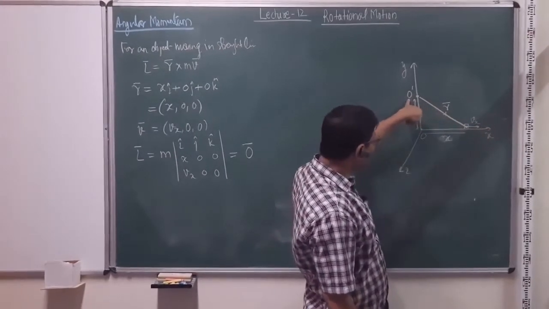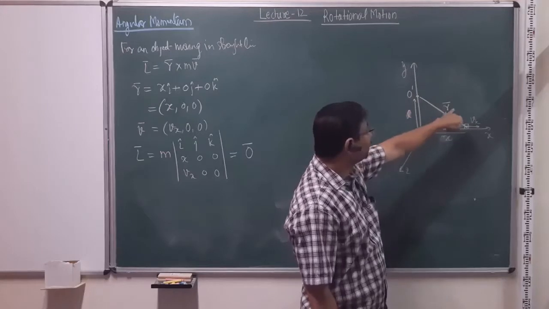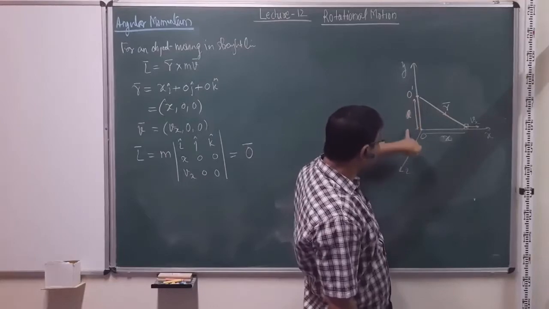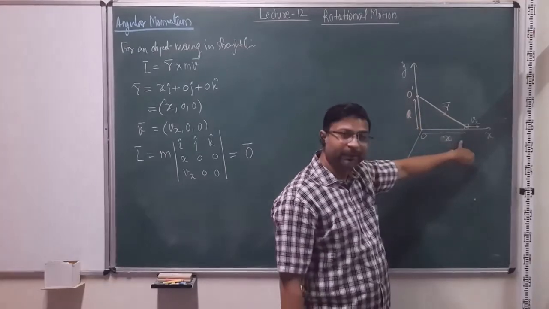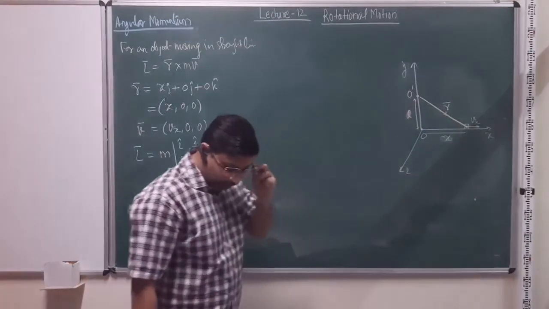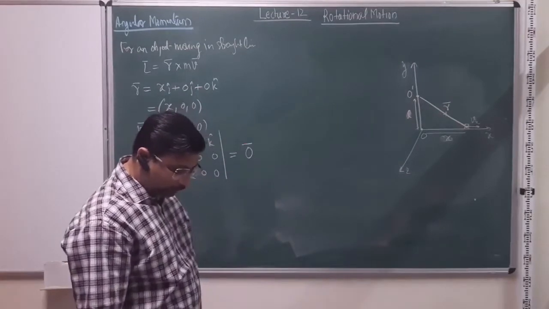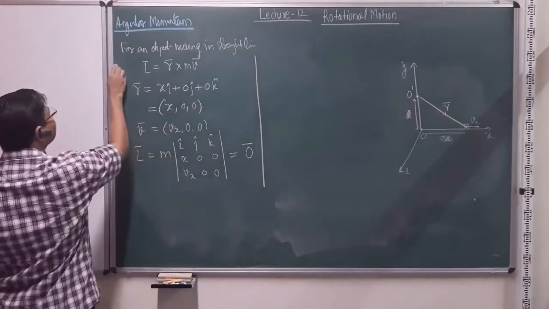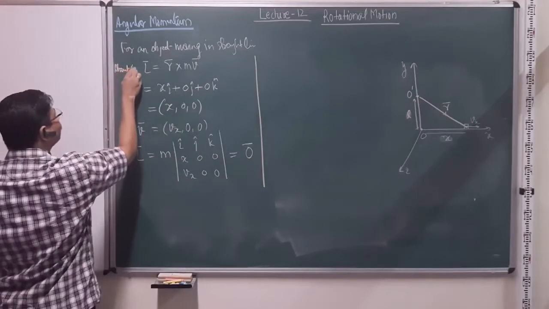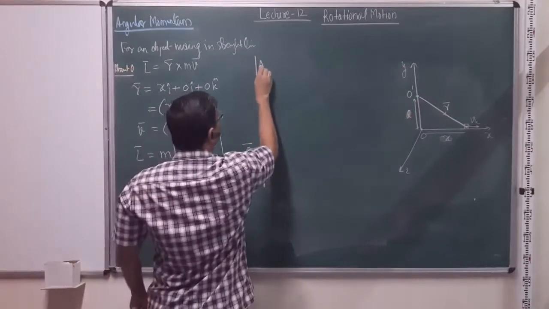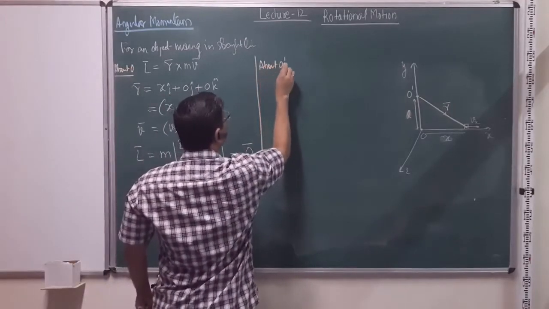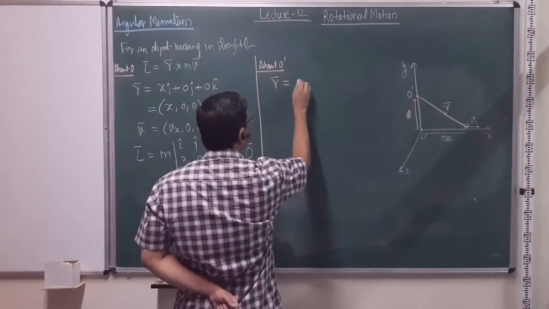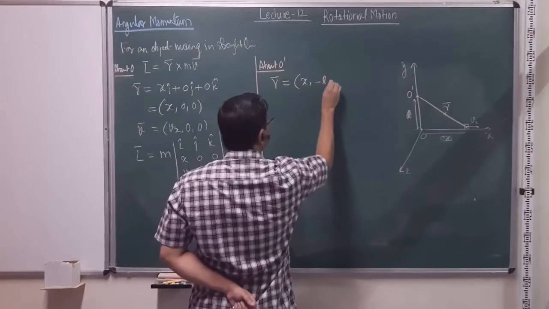However, looking from this point, my position vector r now has both components, a fixed y component and a variable x component. So this was about O, and now about O prime, r is x, minus L, 0.